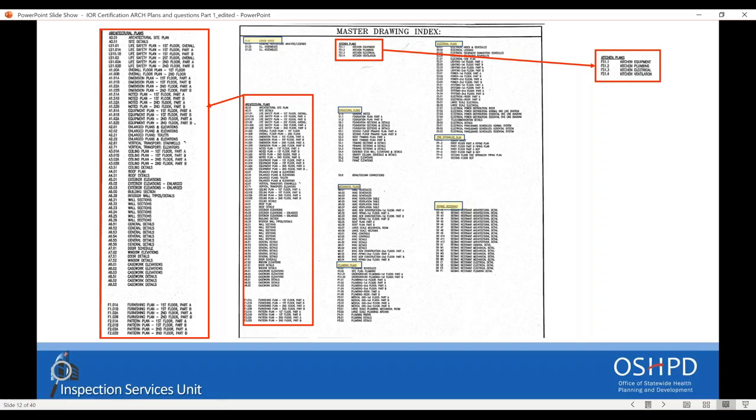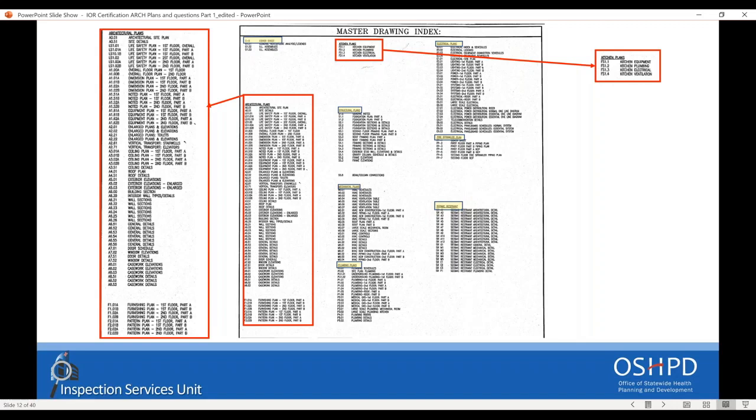Then there are also equipment plans, enlarged plans, elevations, reflected ceiling plans, roof plans, exterior elevations, wall sections, general details, door schedule and their details, and casework elevations and their details. So there is lots of information.